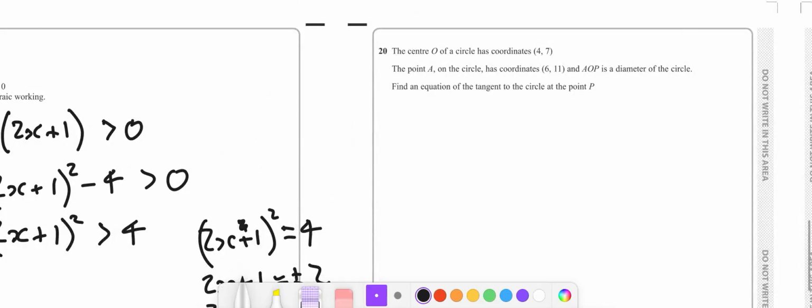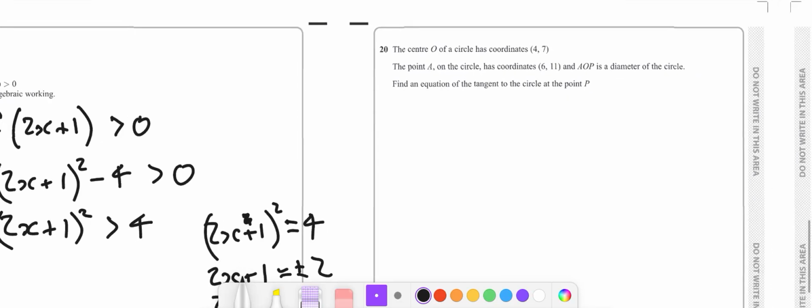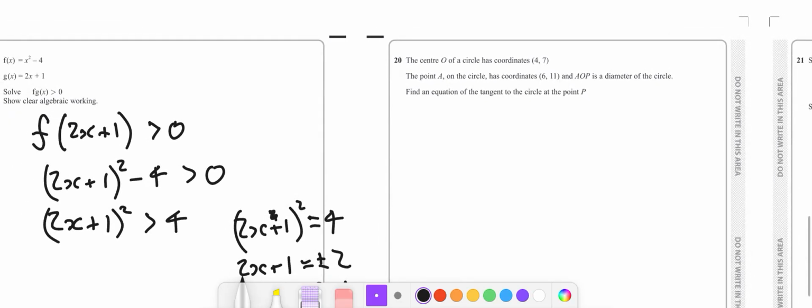Okay, the centre of the circle has coordinates that. A is the point on the circle, has coordinates that. OP is the diameter of the circle. Find the equation of the tangent to the circle at the point P. Okay, so O is the centre, that's the point 4, 7.